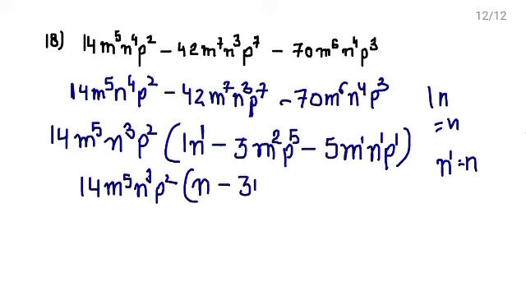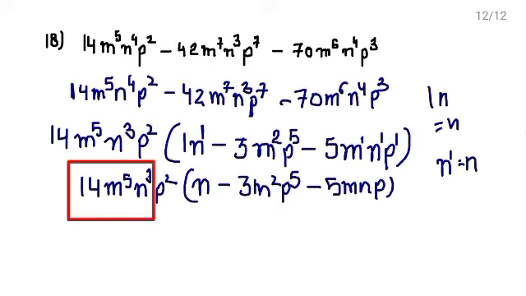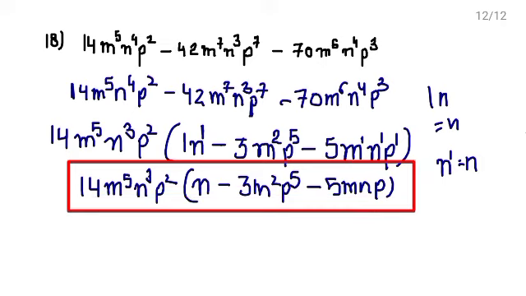Minus 3m square p raised to the power 5 minus 5m n p, right? This is your answer. So students, with this question your exercise 6a is completed.